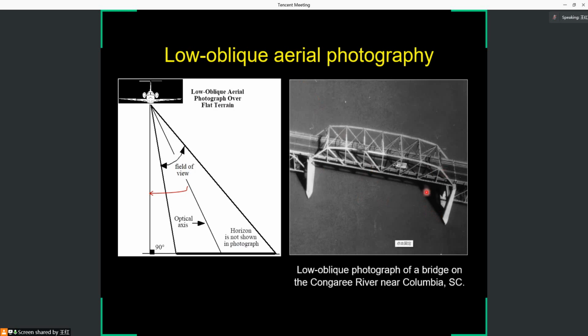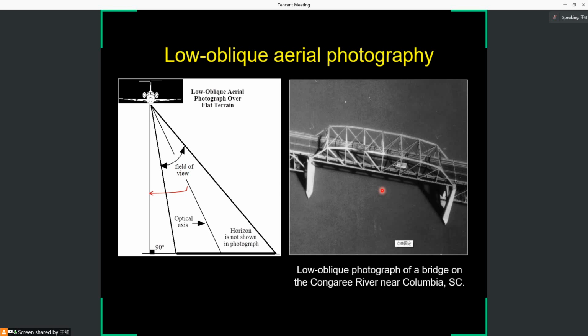So the oblique view is very useful, because from this we can get the height, which is very useful for urban sites. You should know the height of the buildings in different areas, mostly for buildings.